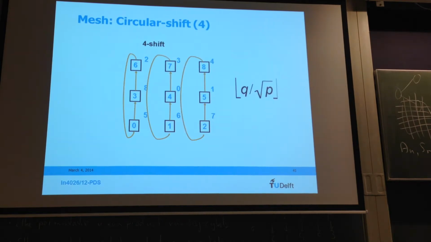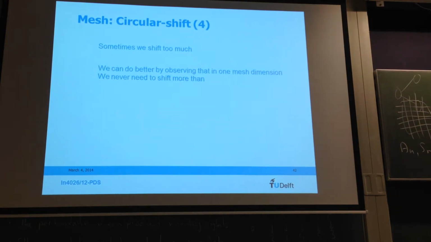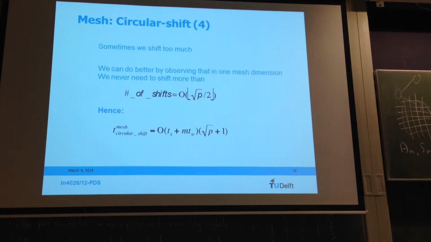So you can observe that in one mesh dimension, we never have to shift more than half of the row, right? So the number of shifts is upper bounded by the square root of p divided by 2. So in a mesh, the circular shift is upper bounded by the square root of p, by this simple argument.